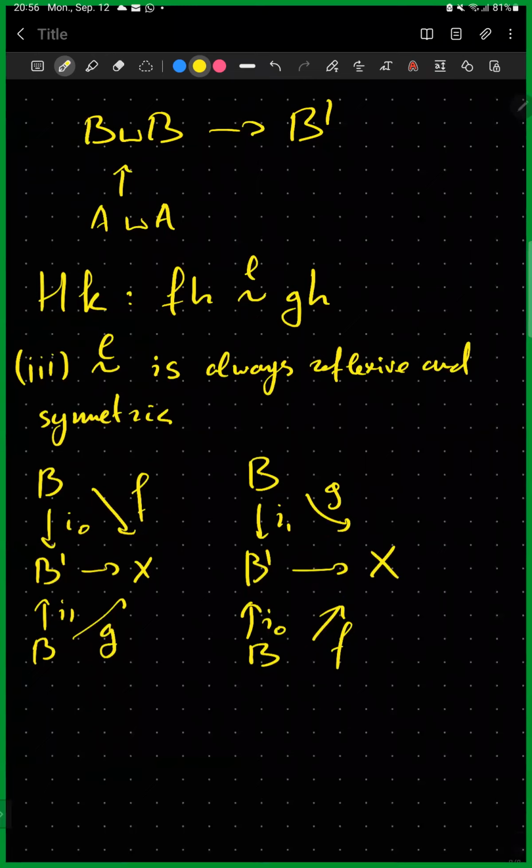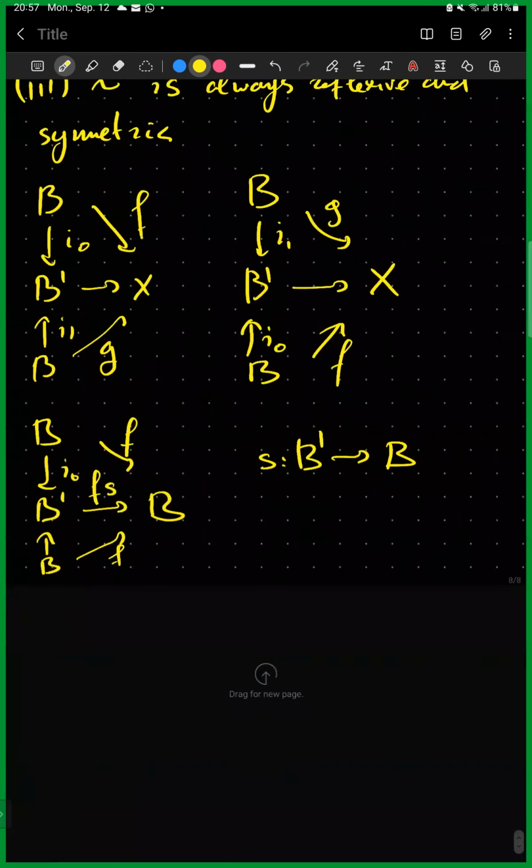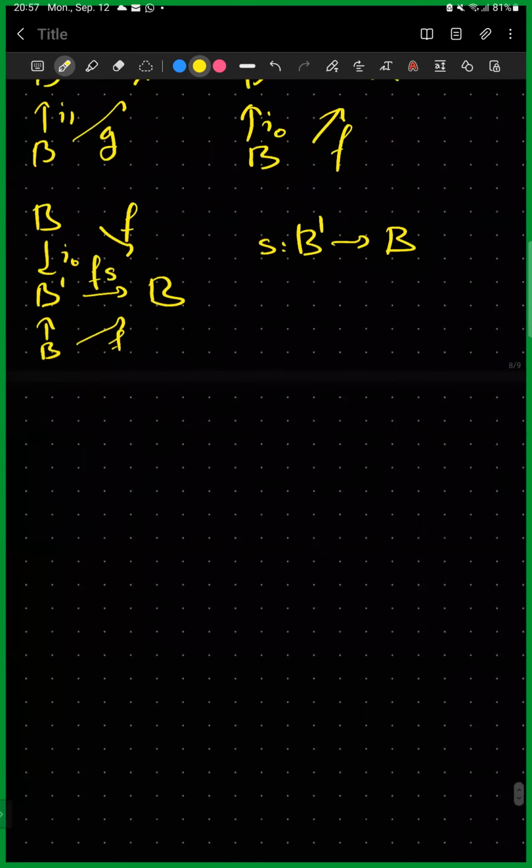And it is reflexive because we can consider the following diagram, where S is the weak equivalence between B prime and B. So this proves that F is left homotopic to itself. Now it remains to prove transitivity, and it's a bit tedious, but well, actually, I'll leave that.